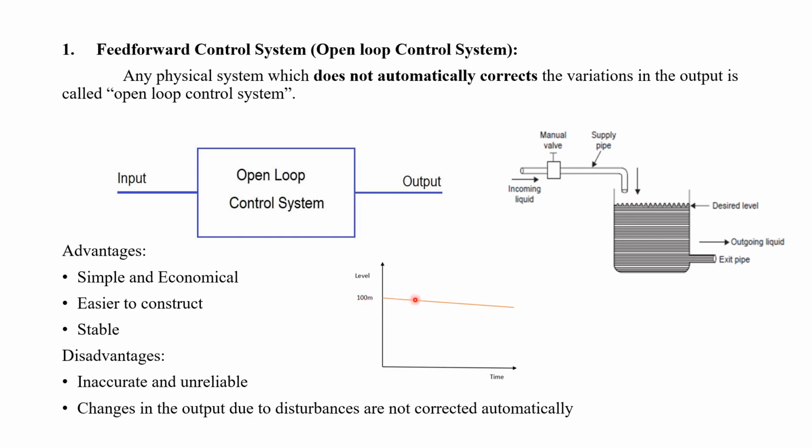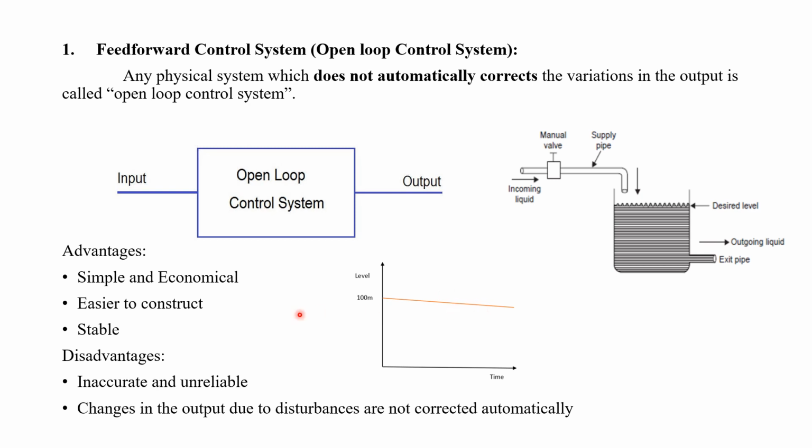Now after some 1 year, 2 years, 3 years, etc., automatically the tank level will be reduced due to either internal disturbance or external disturbance. But the wrong value will be maintained throughout, because the system itself will not correct the error automatically. That wrong level will be maintained, but the response will be almost stable. Stable means there will not be any ups and downs in this response.